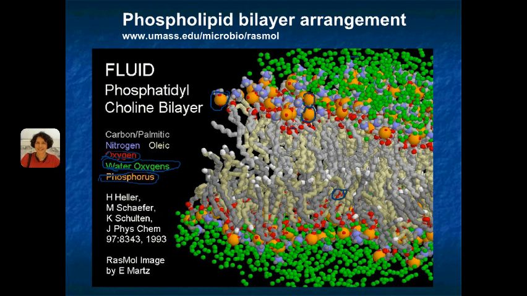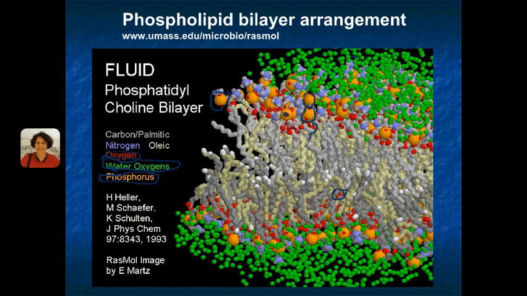And you can even see the oxygens that are associated with the phosphate group, the little red spheres that are together with the big orange ones. Anyway, it gives you an idea of how the phospholipids interact with each other.